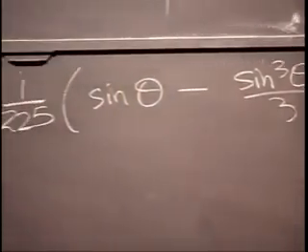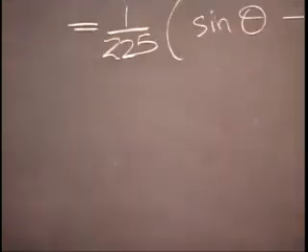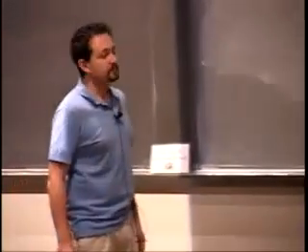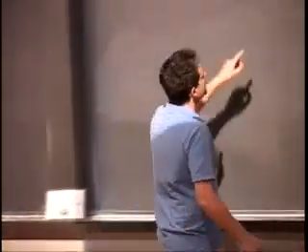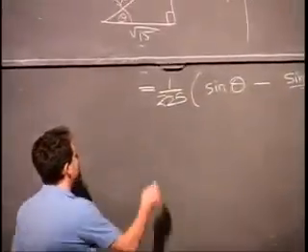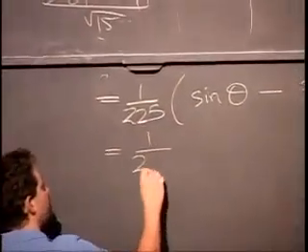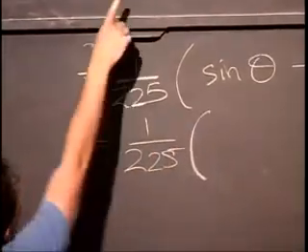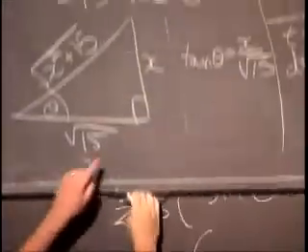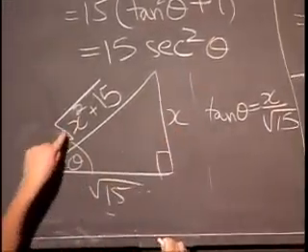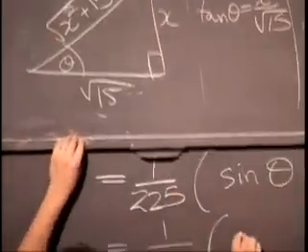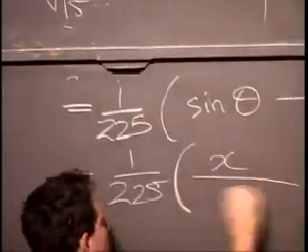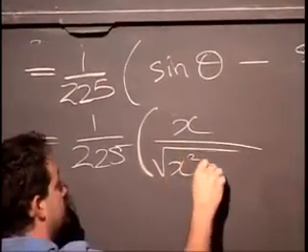Okay, so we've gone from t land back to theta land. We now have to go back to x land. But this is where this triangle up here comes in, because we can immediately see that sine theta is just the opposite x over the hypotenuse, root x squared plus 15.